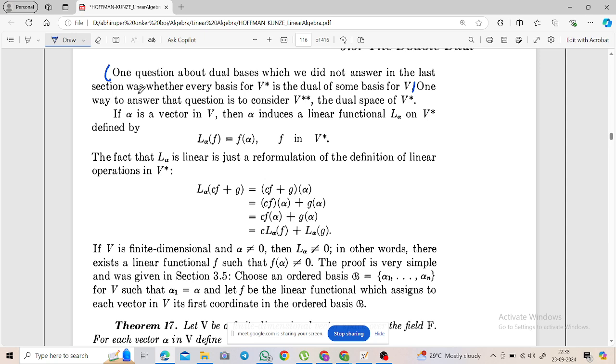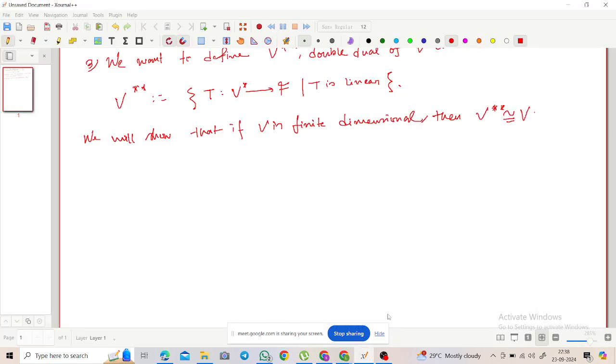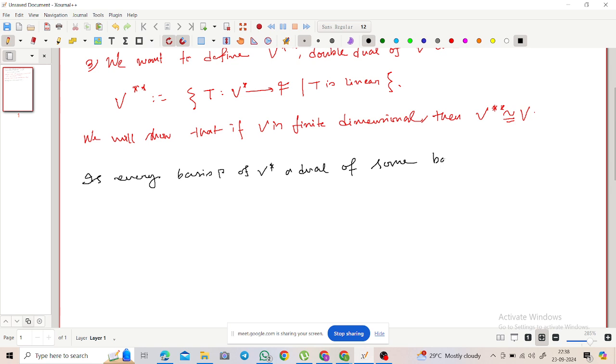Now, a natural question should be, is every basis gamma of V star a dual of some basis beta in V?